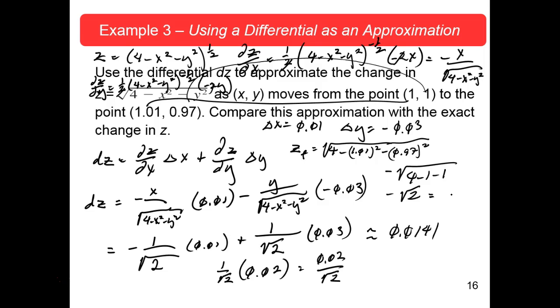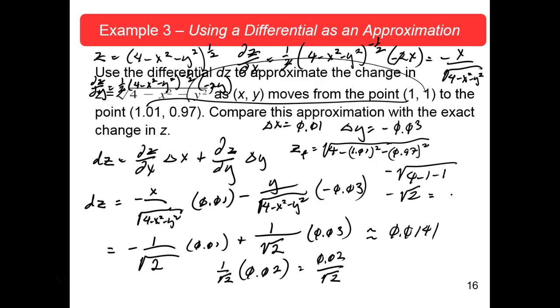Or we can start over. Start over from scratch: 4 minus 1.01 squared minus 0.97 squared. Okay, equal.